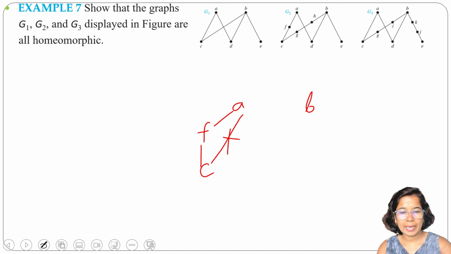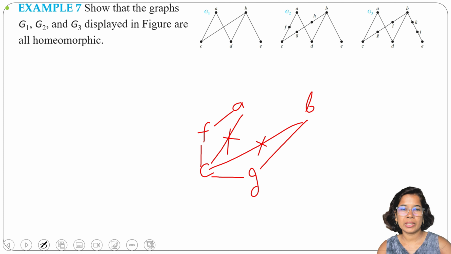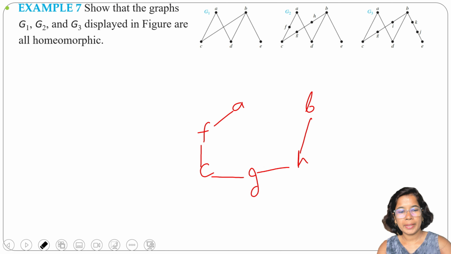Then there is an edge B to C that we can remove. We can add another vertex, let it be G, and connect B to G and G to C. Next again we can remove B to G, add another vertex H, and connect B to H, H to G, G to C. The rest are all the same. So G2 can be obtained from G1 by doing elementary subdivision.